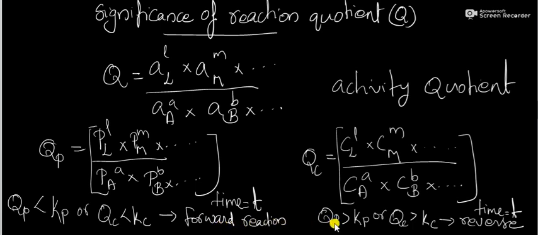If Qp is greater than Kp or Qc is greater than Kc, the reaction will be reverse to attain equilibrium. Then if Qp equal to Kp or Qc equal to Kc, the reaction mixture is already at equilibrium and there is no net reaction. So the determination of Qp and Qc will help to predict the path of a reaction.